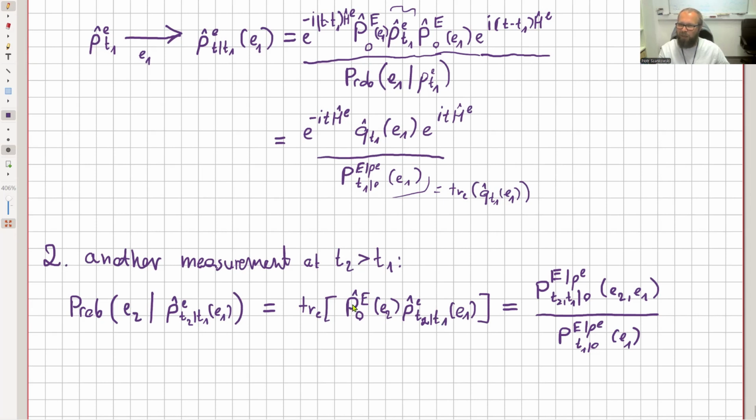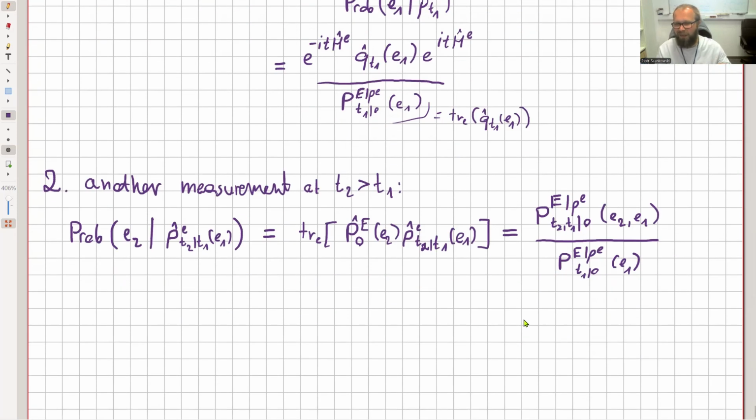You put here another projection, which you can split into a square, move it here, use the evolution operators to switch to Heisenberg picture, and you restore Q T2 T1 divided by the normalization, which is here. And the trace of Q T2 T1 is just the diagonal part of the by probability. So this is how you get here, right?